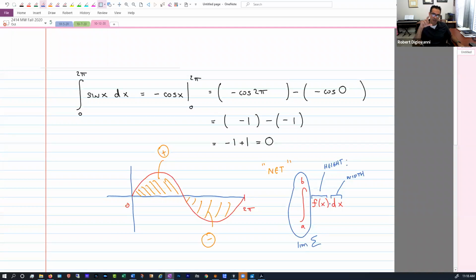But that height is completely controlled by the function's value, right? So if you're talking about rectangles over here, then of course the heights of those are all going to be positive, positive, positive. And then the widths are always positive. So when you multiply two positives together, you get positive.